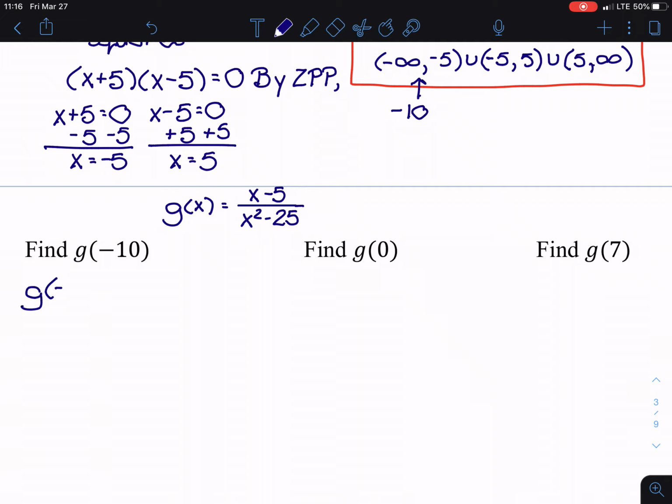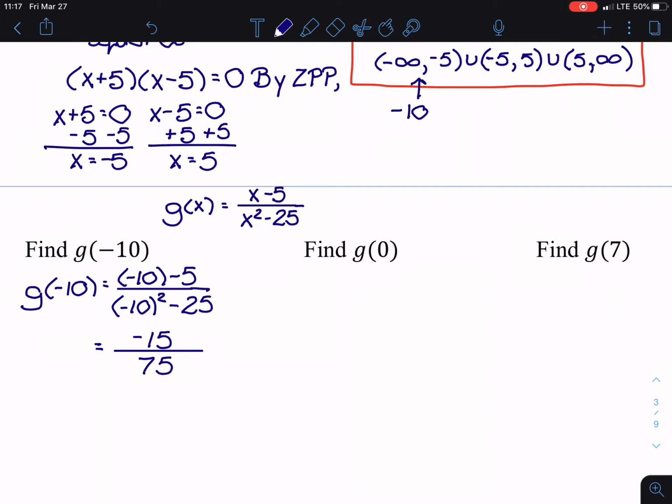So g of negative 10, and remember, wherever I see x, I'm going to replace it with negative 10. So negative 10 minus 5 over negative 10 squared minus 25. So when I work this out, negative 10 minus 5 gives me a negative 15. 10 squared is 100. 100 minus 25 is 75.